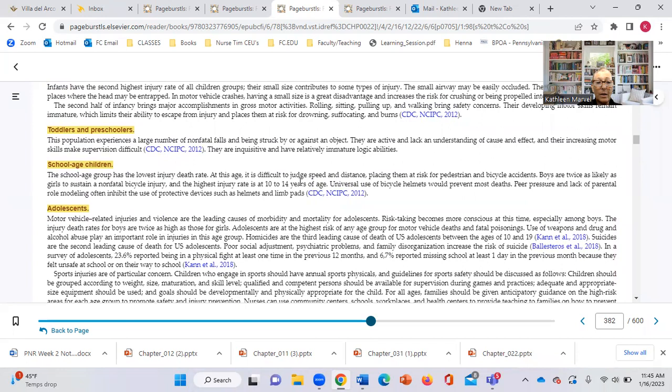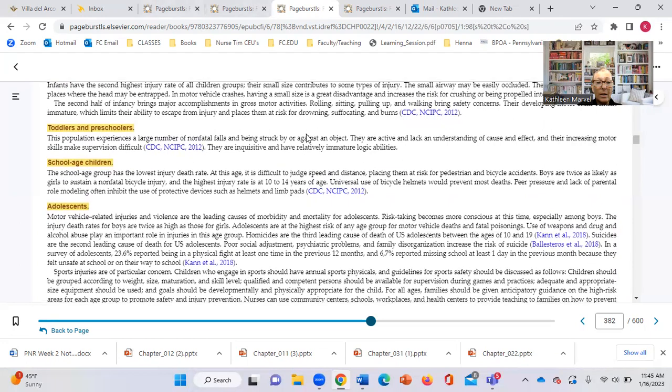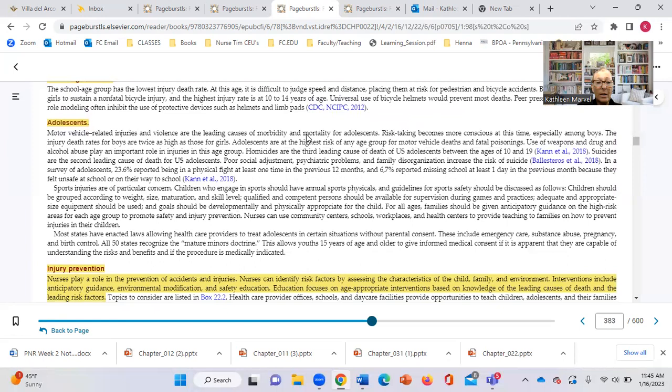School-age children have the lowest injury death rate. But what is common with them? Bicycle accidents. So what we try to teach and educate school-age children on with regard to bike accidents is helmets. And then with adolescents, motor vehicle accidents are the leading cause of morbidity and mortality in this group.